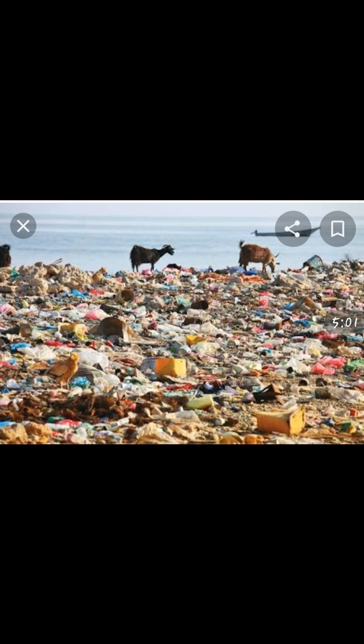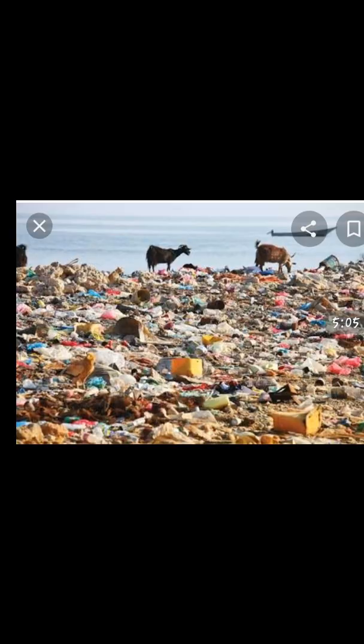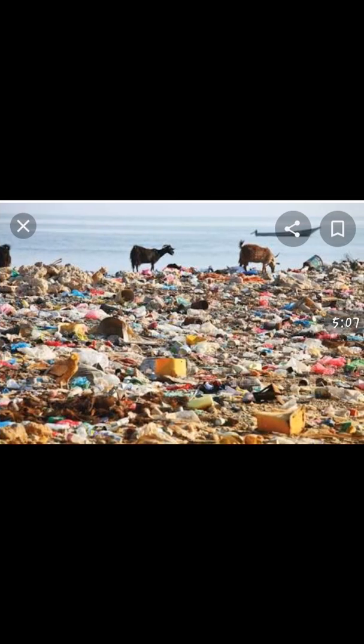Yes, use the dustbins. Use the dustbins to pick up the litter, to reduce the waste, and try to recycle the material and plant more and more trees. In this way you can keep the surrounding clean.